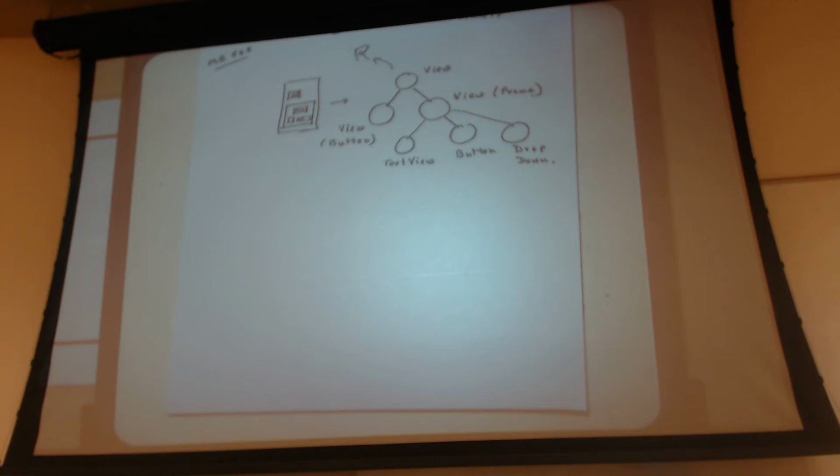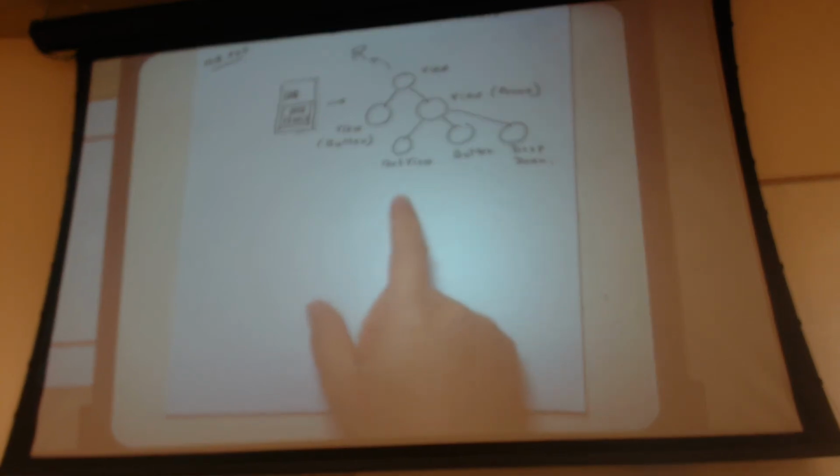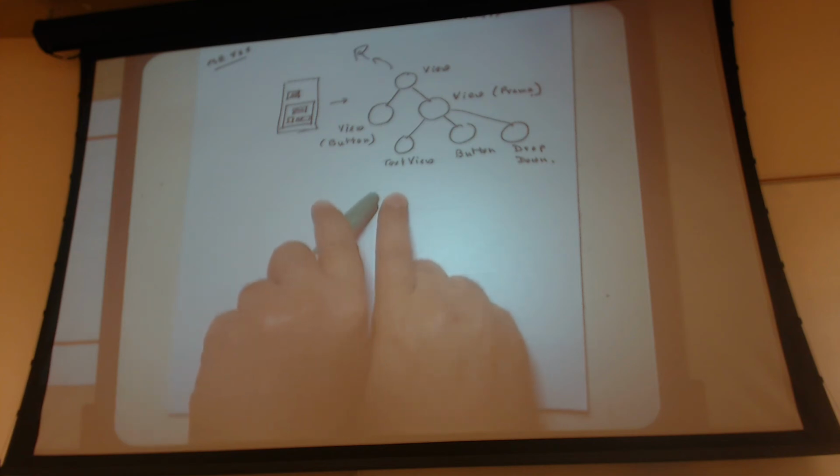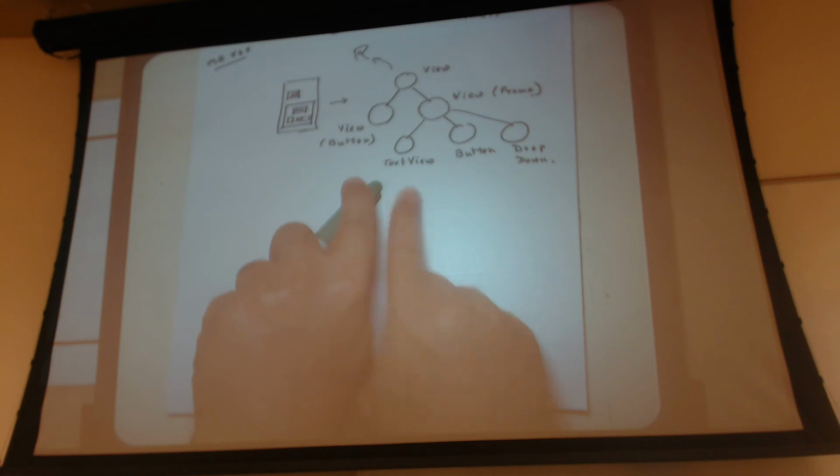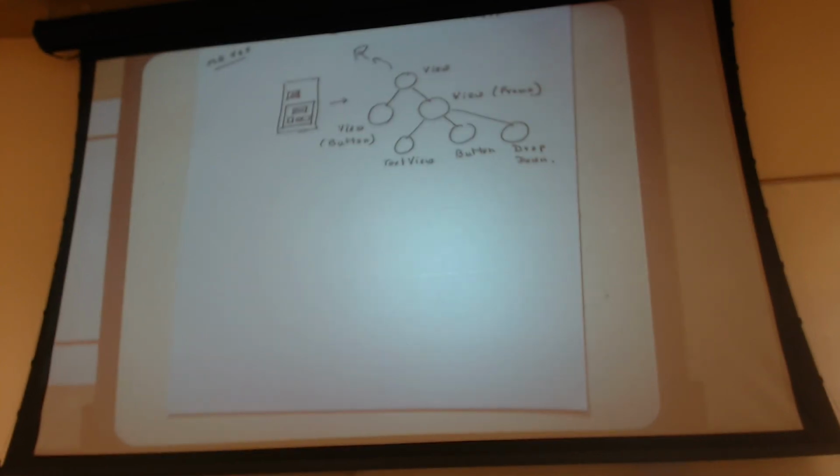Now, what happens is that corresponding to each node or each type of node. So let's consider text view. How do you interact with text view? You click on it and you write something, right? You never drag it. You never push a text view and expect something else to happen.